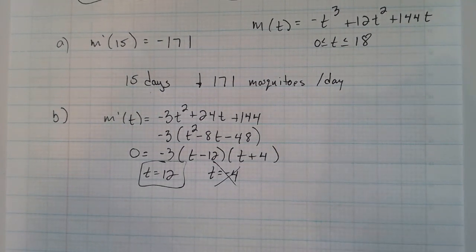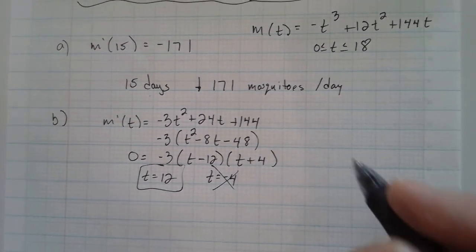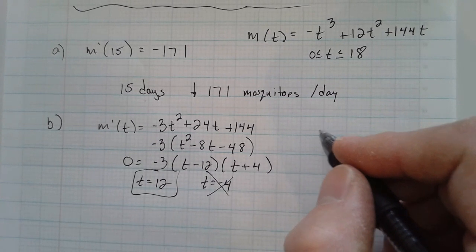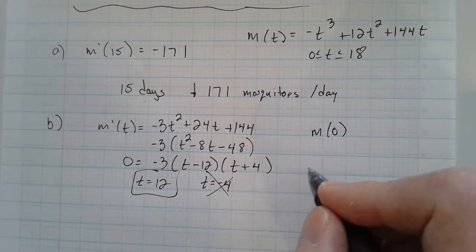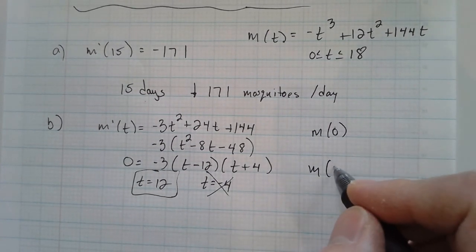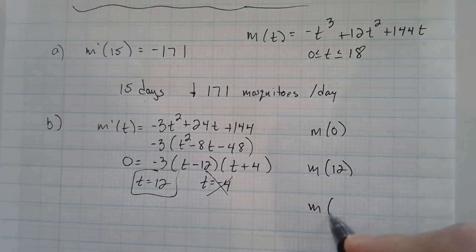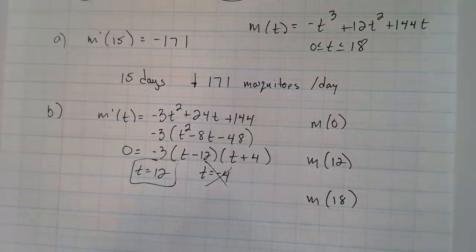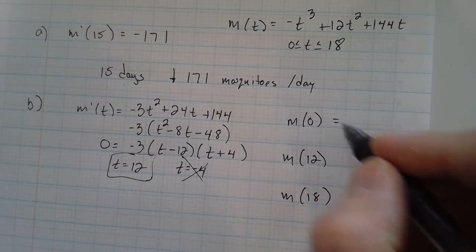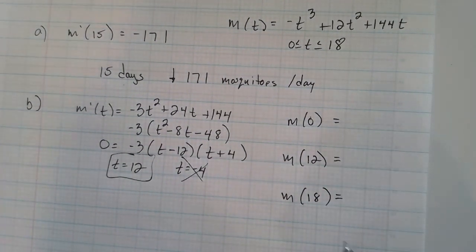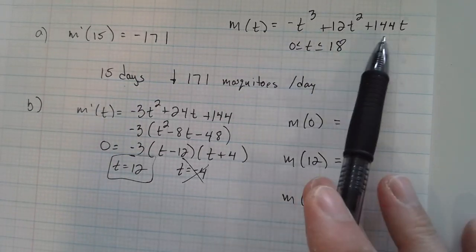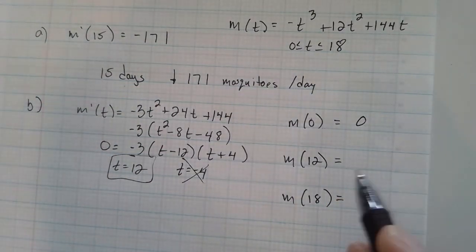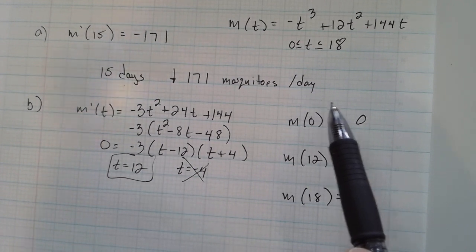I should always check endpoints also. So we're going to find out what M of 0 is, M of 12 is, and M of 18. Your maximum is going to occur in one of those three spots. Well, M of 0, no mosquitoes. M of 12, plug it in.